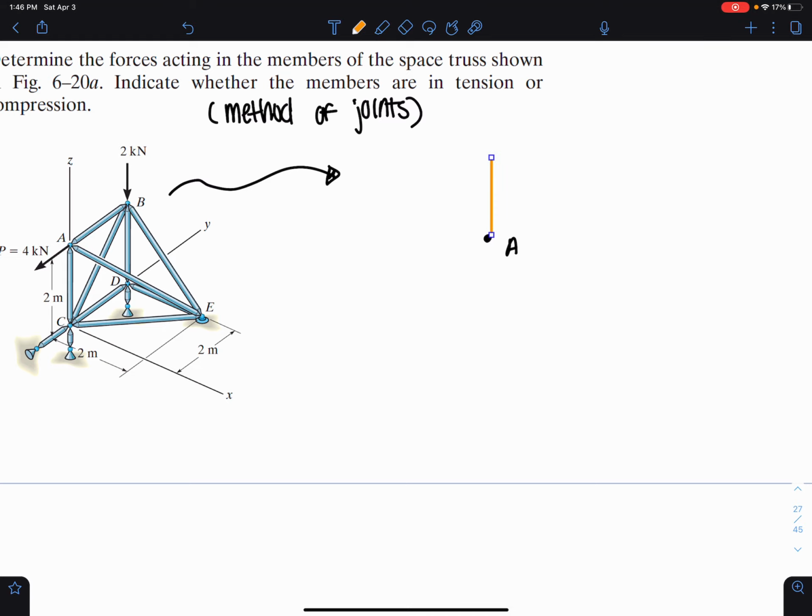So basically the X, Y, and Z. X is kind of coming out like this, and Y is in this direction positive, this direction negative. So here is our Y, our Z, and our X is kind of coming out here.